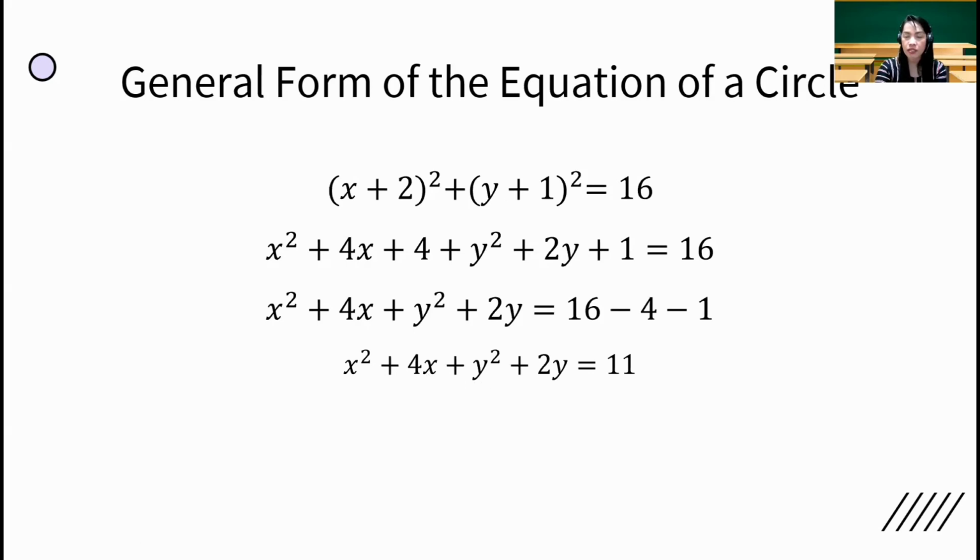Rearranging the terms according to the degree of the variable, we have x squared plus y squared plus 4x plus 2y minus 11 equals 0. Now, this is the general form of the equation of a circle given this equation in standard form.